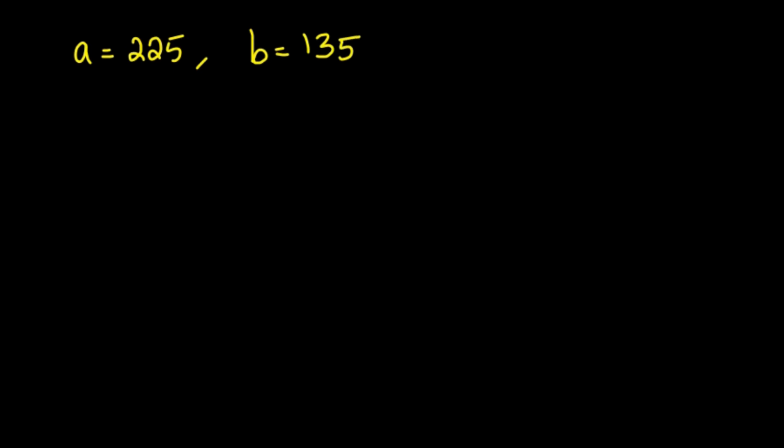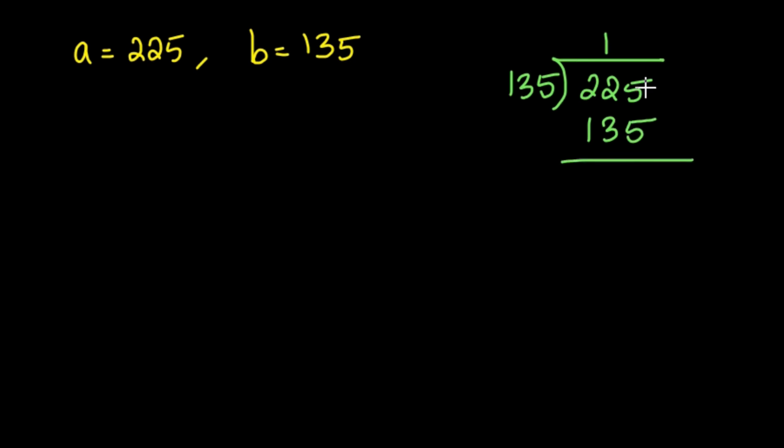Dividing it, 135 ones are 135. This will give you 0. 22 minus 13 will give you 9. So we have a remainder 90. This is the remainder.